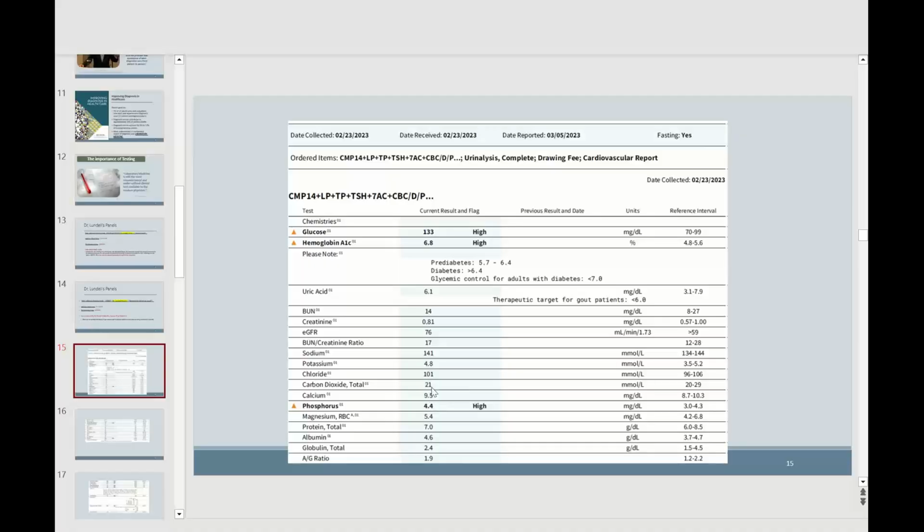Carbon dioxide is also another really good marker for cellular respiration. It's a mitochondrial marker, and we have that just in the CMP. So if it's low, as it is in this patient, usually patients with insulin resistance do have low cellular respiration, low ATP production. And so that's going to show often in the carbon dioxide.